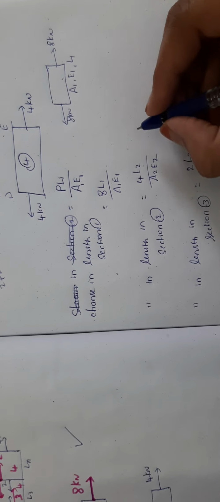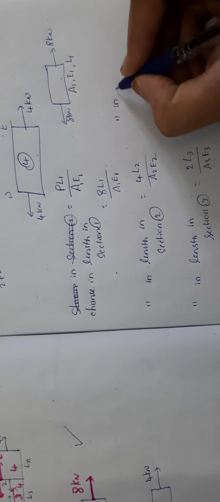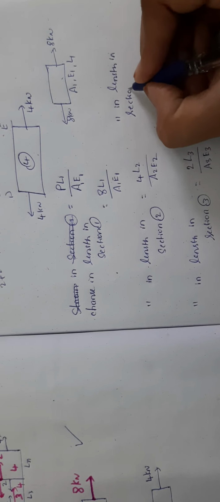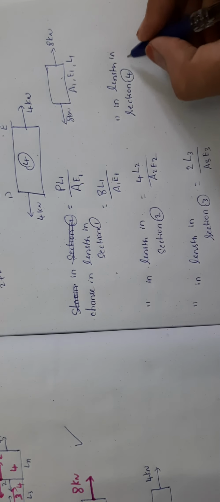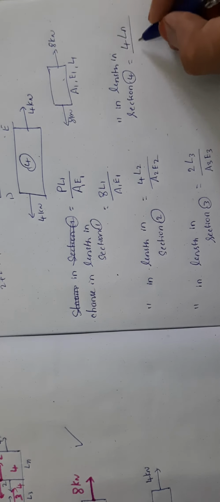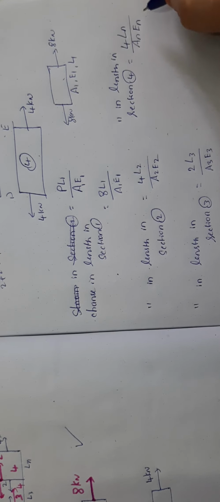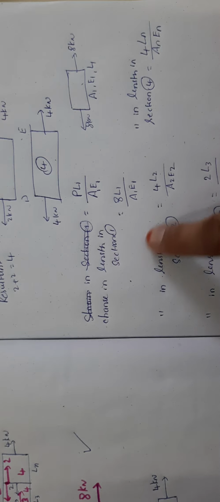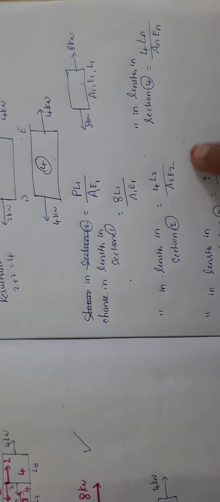Similarly, change in length in section 4 will be equal to 4Ln by An En. So that is the change in length in section 4. This is the individual change in length of each section.